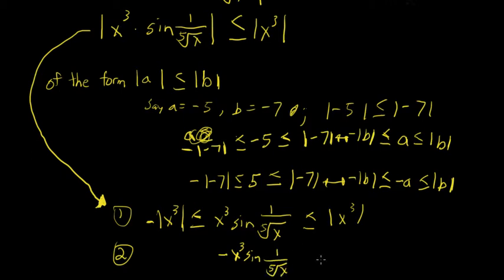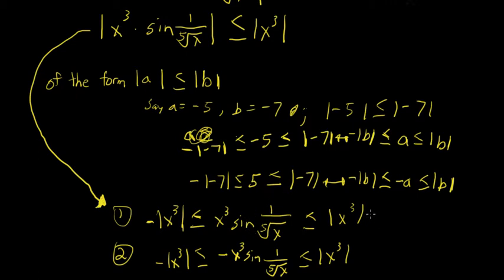Well, -A is less than or equal to the absolute value of B, which in this case is the absolute value of x cubed, but it's greater than or equal to negative the absolute value of B, which is negative the absolute value of x cubed.